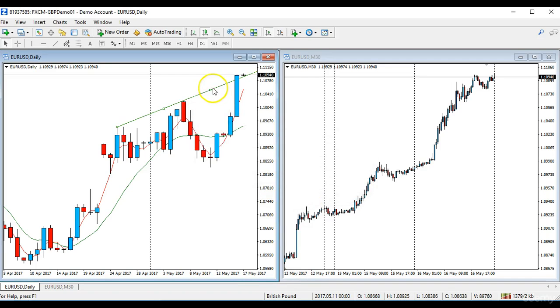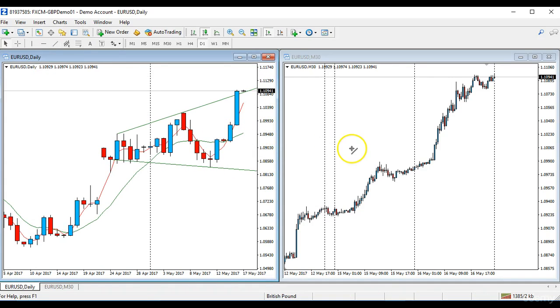okay, we're now on the euro US dollar. We now have a widening pattern, and the reason why patterns work, to be honest, I don't know why they work, and I don't think anybody could tell you really why. The only thing I would tell you is that there's an expectation.